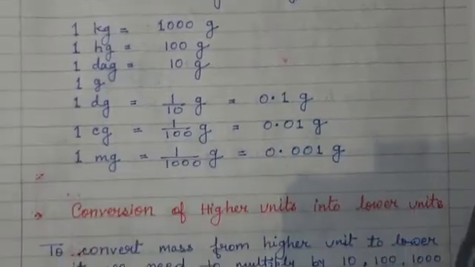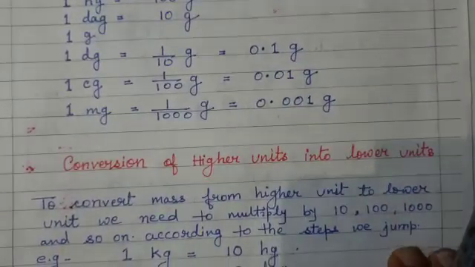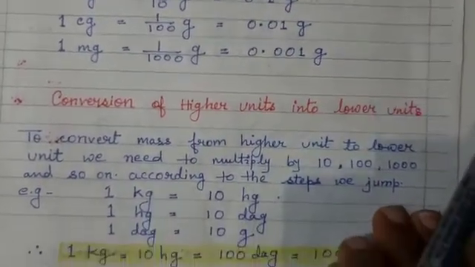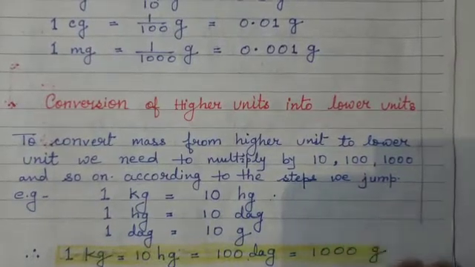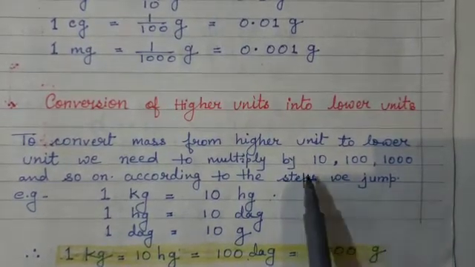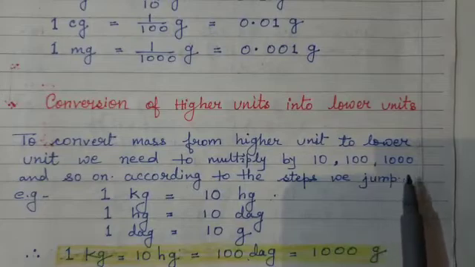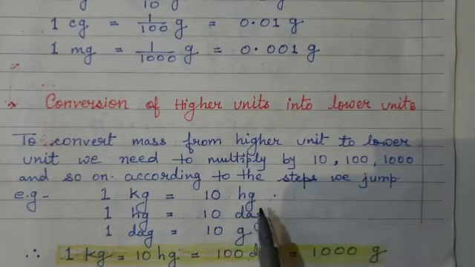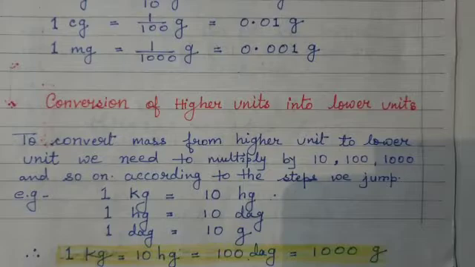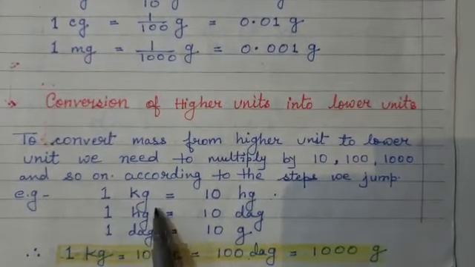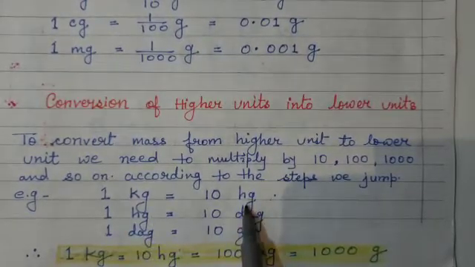What happens when we convert a higher unit to a lower unit? To convert mass from a higher unit to a lower unit, we need to multiply by 10, 100, 1000 and so on, according to the steps we jump. Now look at why. Because 1 kg is equal to 10 hectogram.